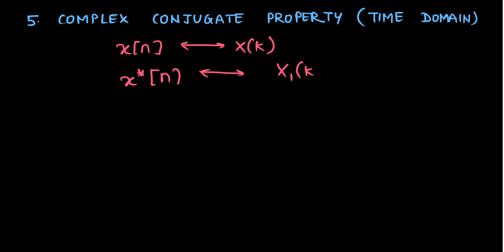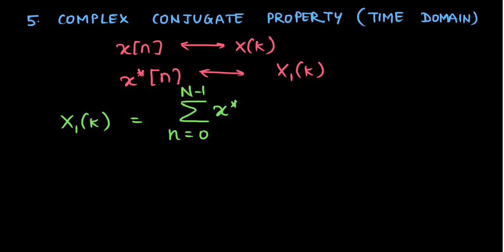Let's say X1 of k. So we have X1 of k as summation n running from 0 to n minus 1 x conjugate of n e to the power minus j 2 pi k n by n. Now let us take the complex conjugate of both LHS and RHS, that is find the value of X1 conjugate of k.